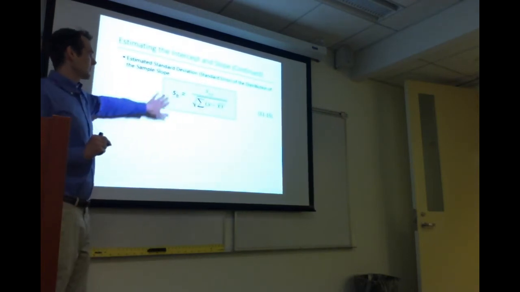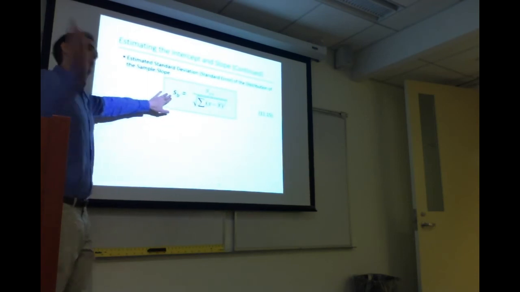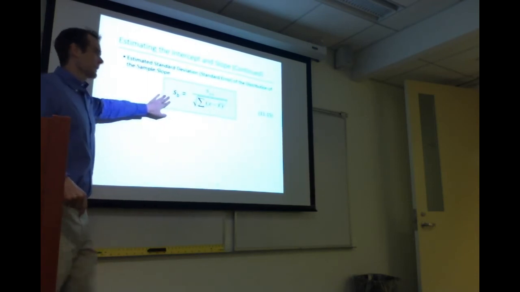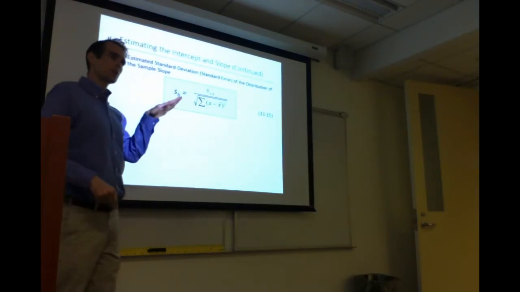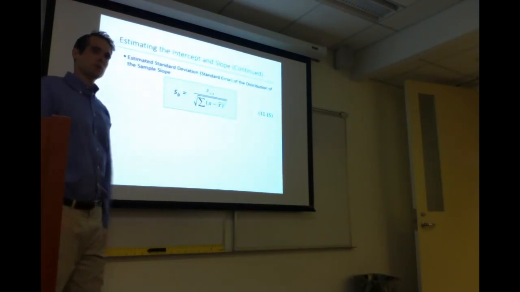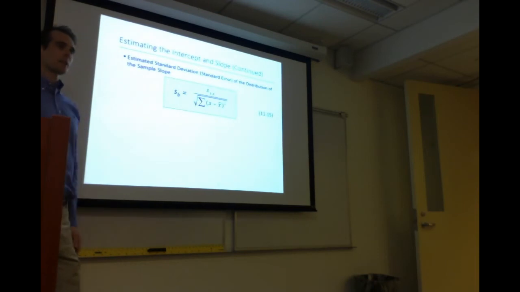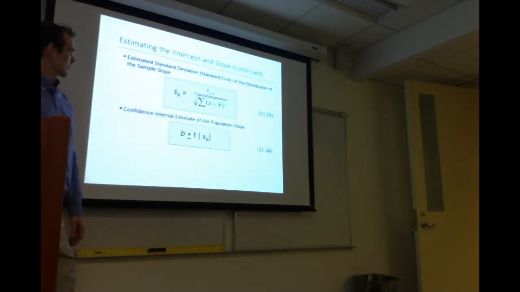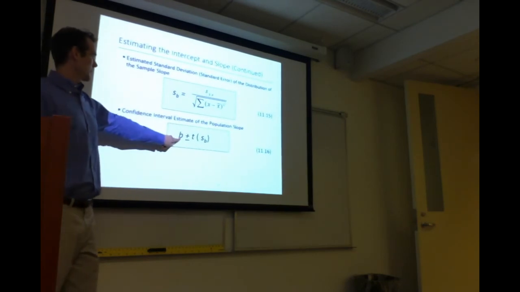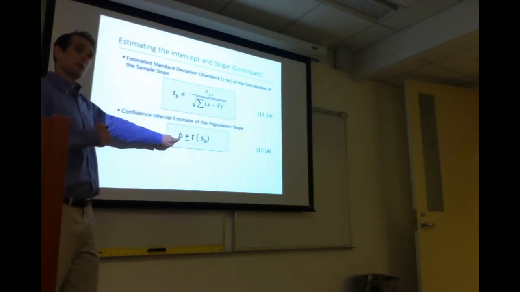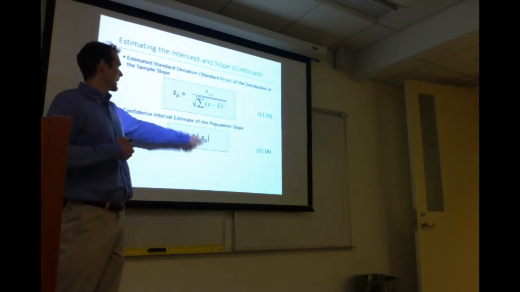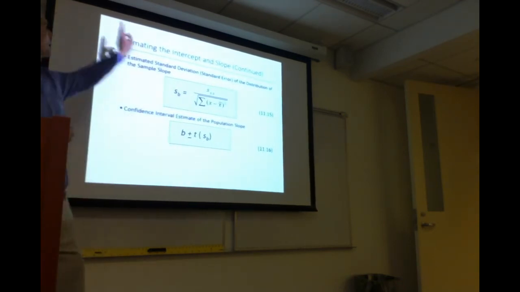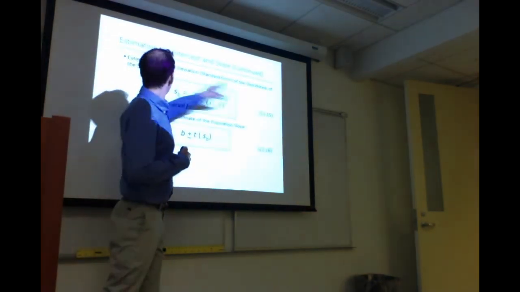I've got a standard deviation figure based on if I were to do this thousands of times, and it's this. So I'm going to tell you my estimate for the slope, plus or minus, based on my confidence interval that my company is comfortable with. So B is our estimate for the slope based on sample data, plus or minus the t statistic, times the standard deviation for the sampling distribution of the sample slope.